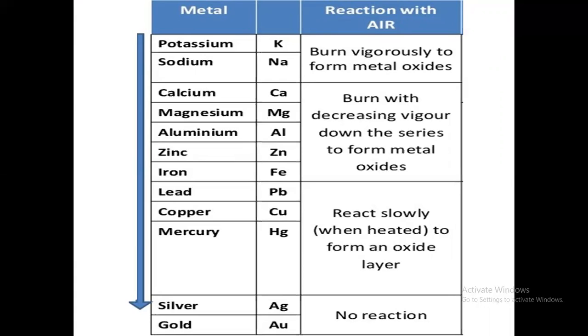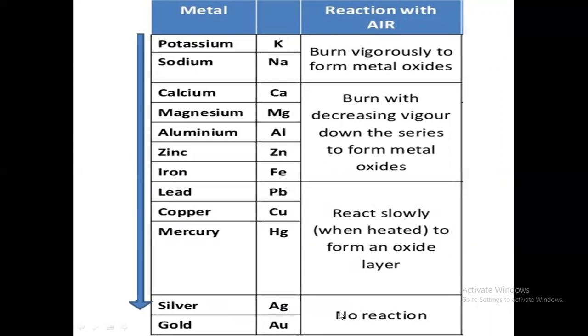If you observe this list, you will see that lead, copper, and mercury react slowly with air or oxygen, right? And what about silver and gold? You are seeing through this table that silver and gold, as they are unreactive metals, do not react with oxygen also.